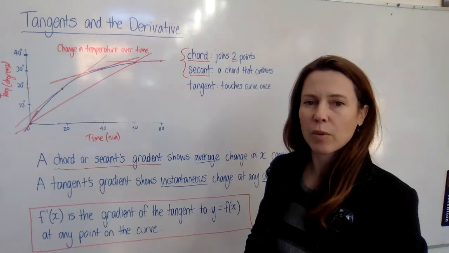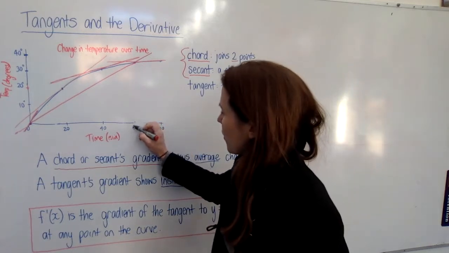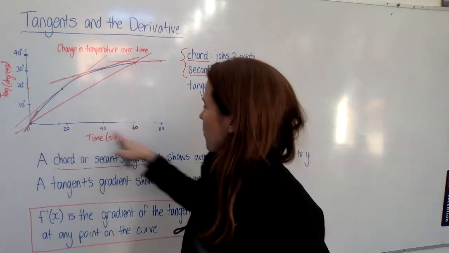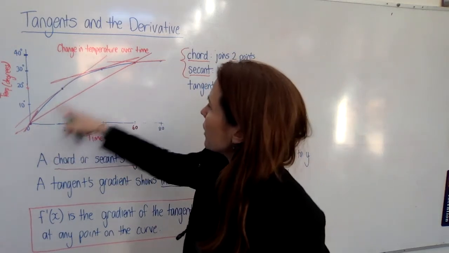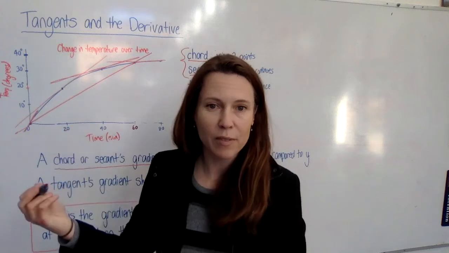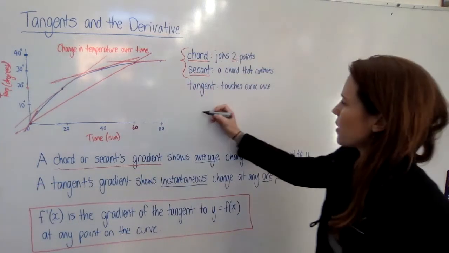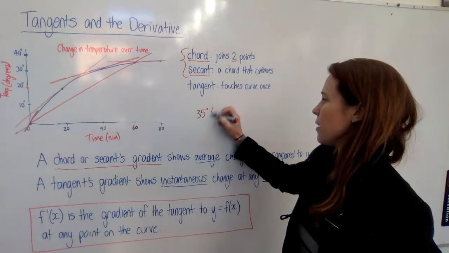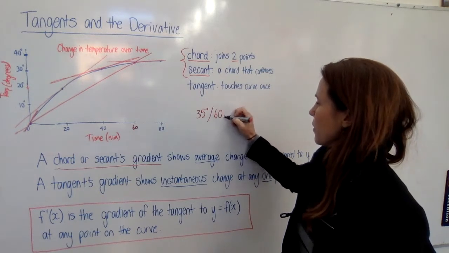So if I wanted to look at what the average change was over that first 60 minutes, I could say, well, over the first 60 minutes we went from 0 degrees to, let's say, 35 degrees. So I could say we've changed 35 degrees in every 60 minutes.